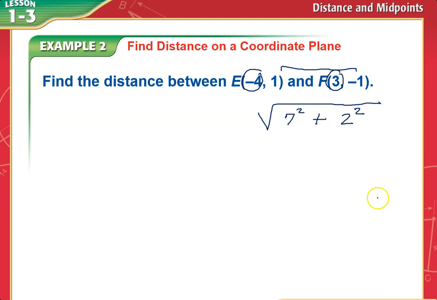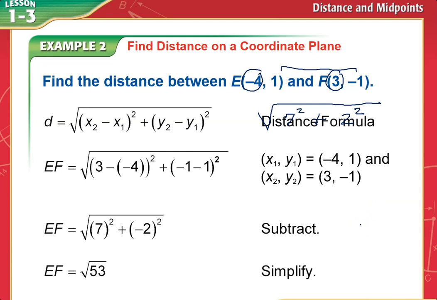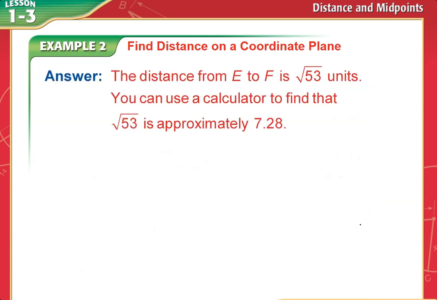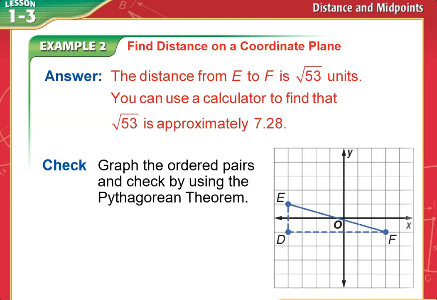So we're going to get 49 plus 4, or the square root of 53. And we could approximate that to be about 7.28 if you use a calculator. And the actual distance, as you probably saw in Mathia, right, is based on the Pythagorean theorem.